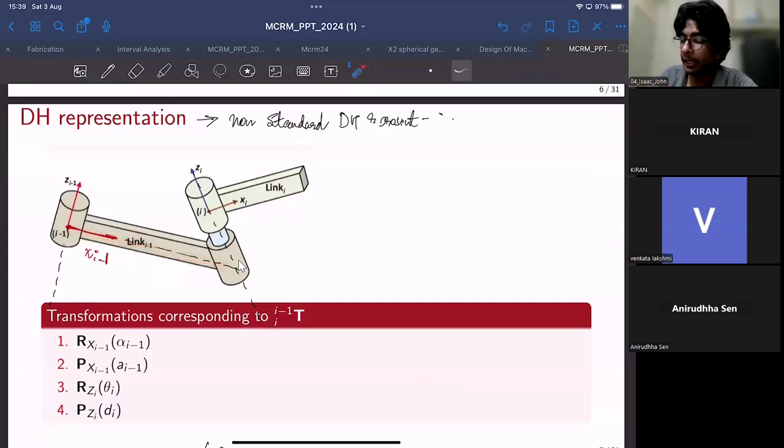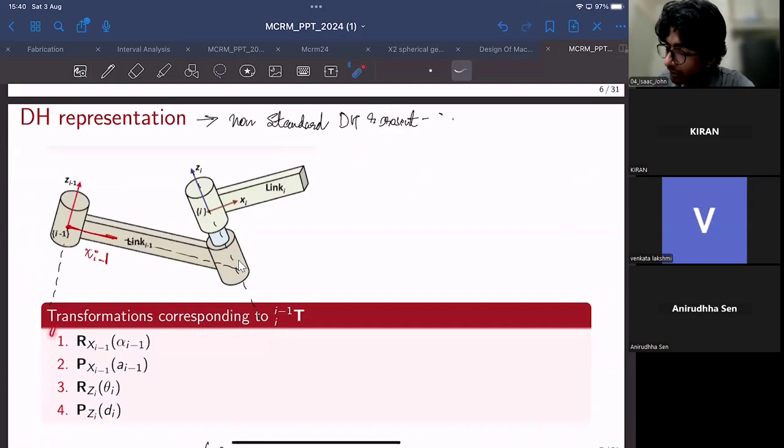You can only manipulate these axes along the x-axis and z-axis. There are no transformations along the y-axis. So what you essentially have to do is map this axis through successive rotations and translations onto this axis. We'll start from the base and propagate in a similar fashion until we reach the final end effector.